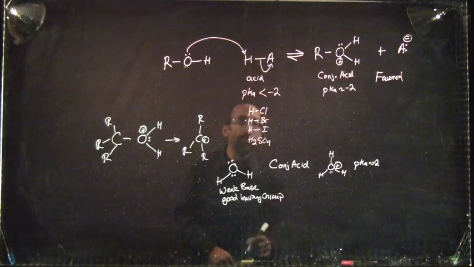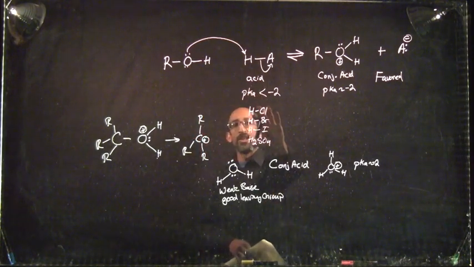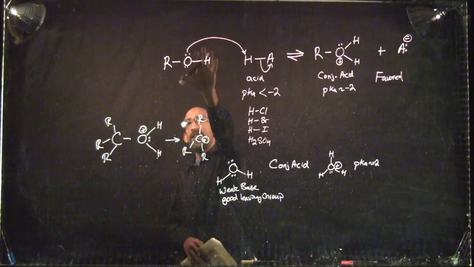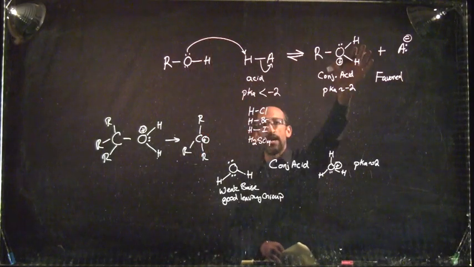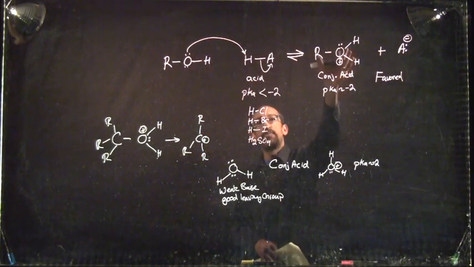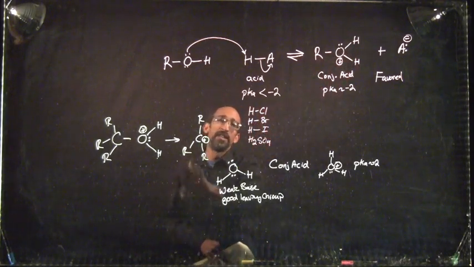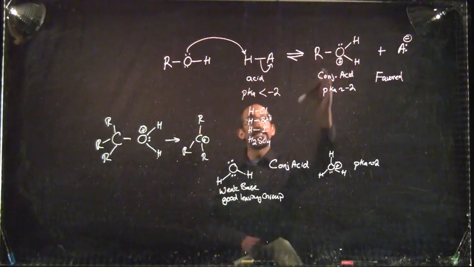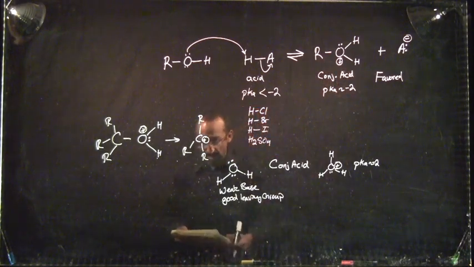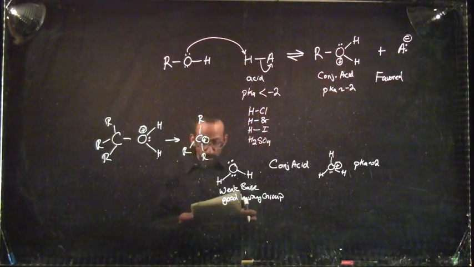So now, by using a strong mineral acid to protonate our alcohol and form an oxonium, we have created a species, our oxonium, that is able to participate in substitution reactions, since its leaving group is a weak base.